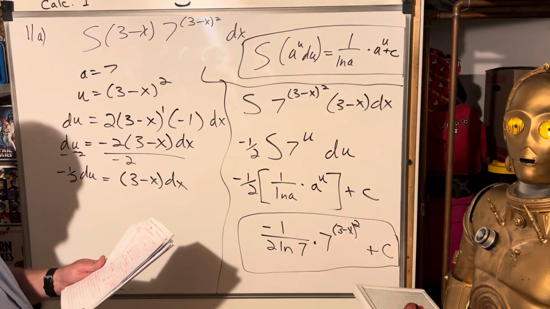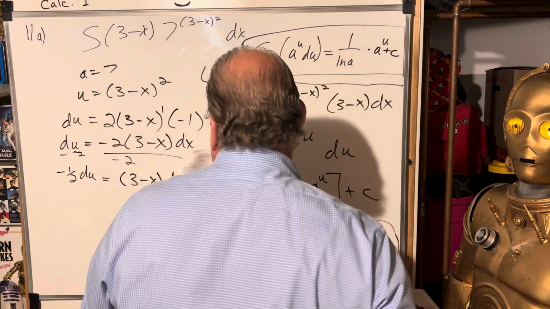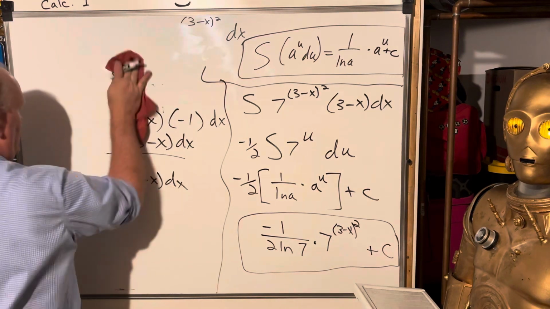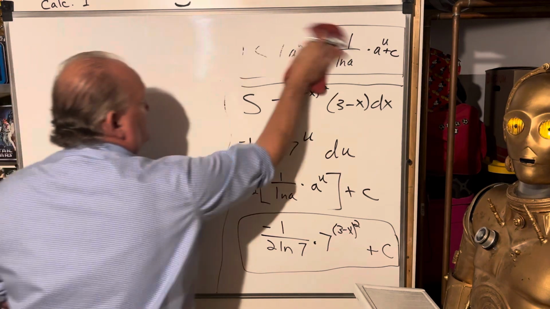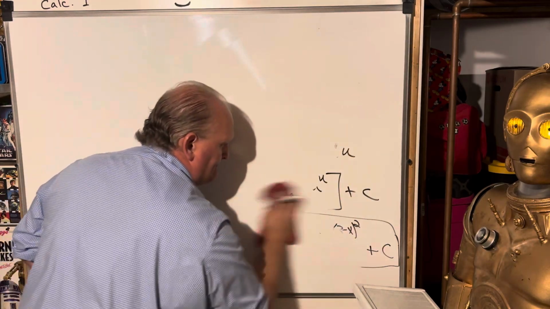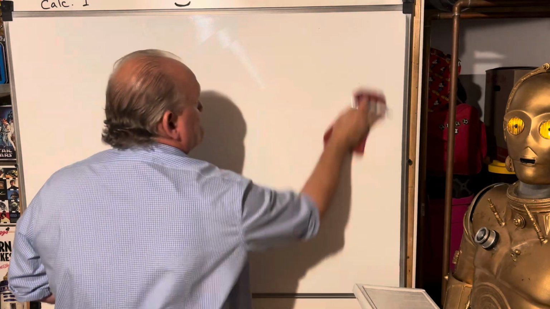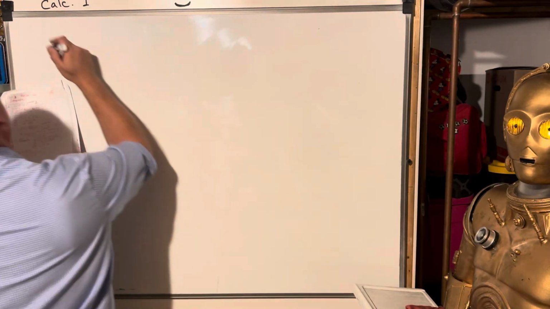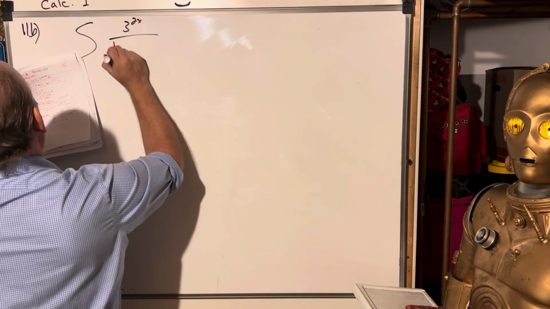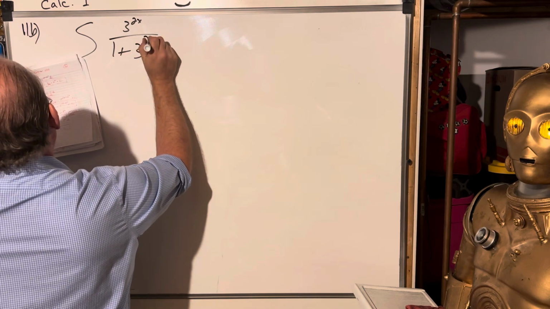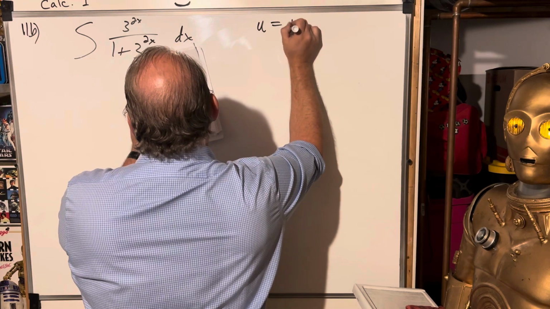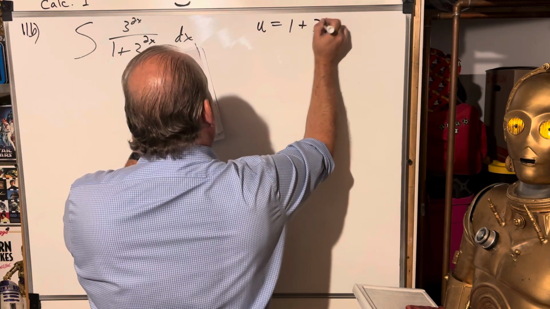So, all right, let's look at B. 3 to the 2x. Let's see what tomfoolery we got up to with 11b. Okay, so u is going to be 1 plus 3 to the 2x.